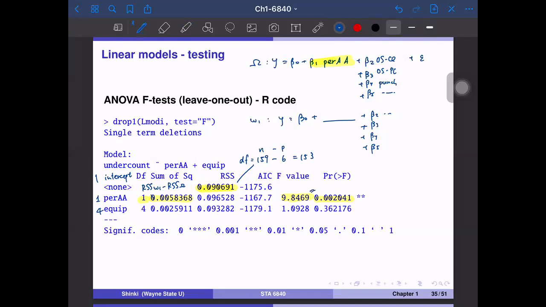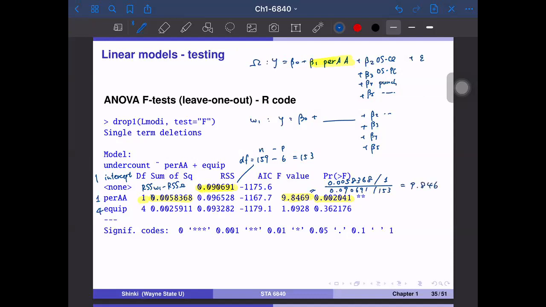This is obtained by 0.0058368 divided by 1, because df is 1, over this 0.090691, then divided by 153. So this is equal to 9.846.